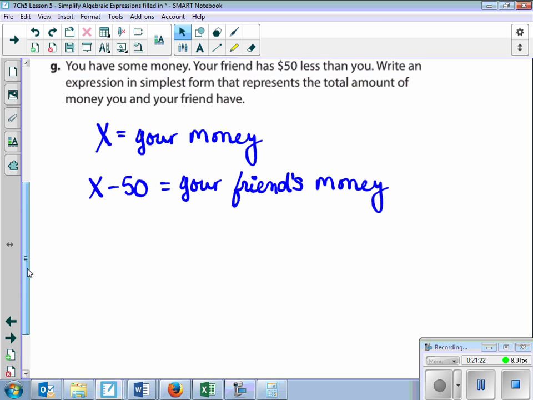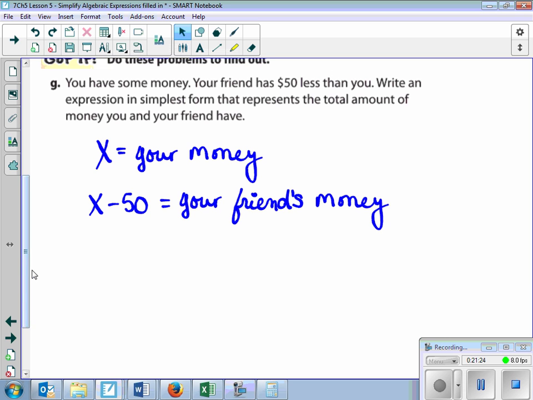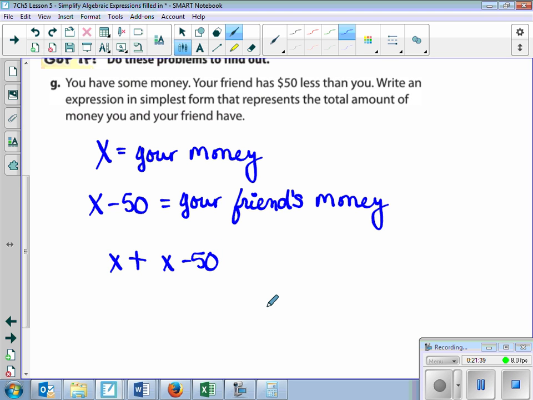And if I want to know how much money you have all together, you're just going to add them together, right? So we have x plus x minus 50. Is everybody with me? So now we can just combine our like terms.